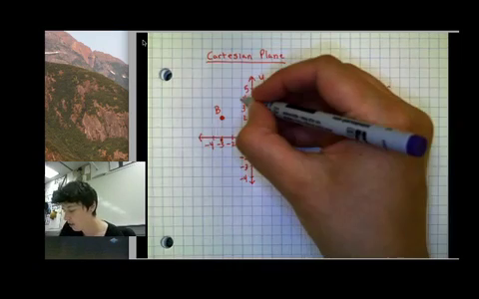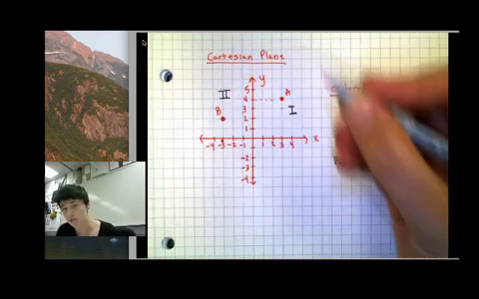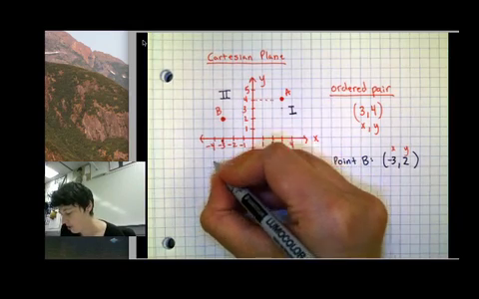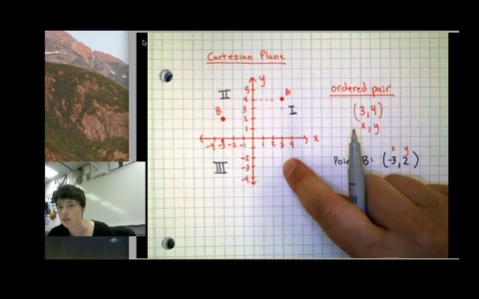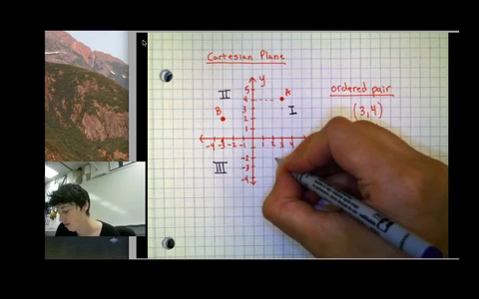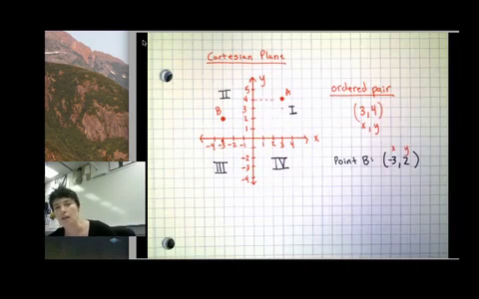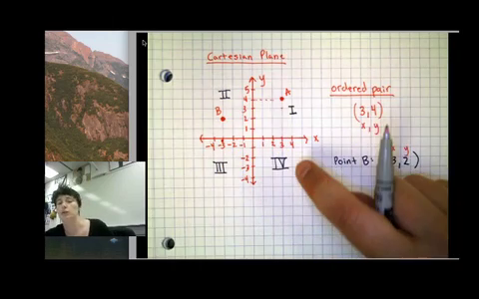And then if you go to the left, this is quadrant number 2, but I'm using Roman numeral 2. And then this is quadrant 3, so Roman numeral 3. And then this is quadrant 4. Do you remember what a 4 is in Roman numerals? It's different. It looks like an I and a V, 4. So we have 4 different quadrants, quadrant 1, quadrant 2, quadrant 3, and quadrant 4.